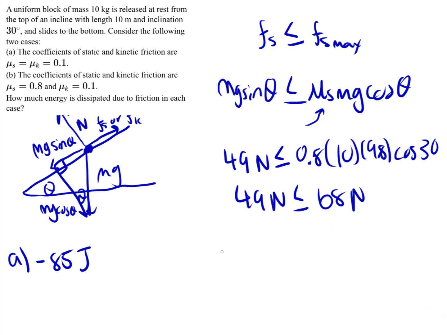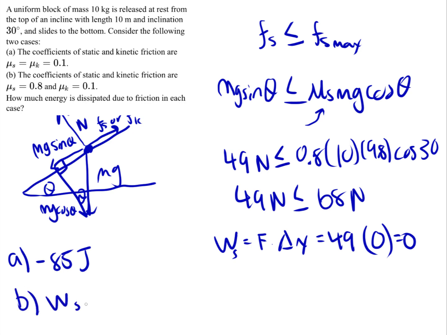And if you remember the definition of work to be the force times the displacement, even if we have a force of 49 newtons, the block is not actually moving. It has no displacement since it's staying in place and not sliding down at all. So the work done by static friction is simply equal to 0 joules.